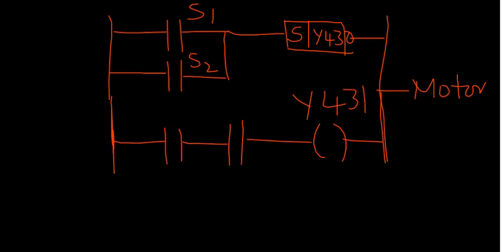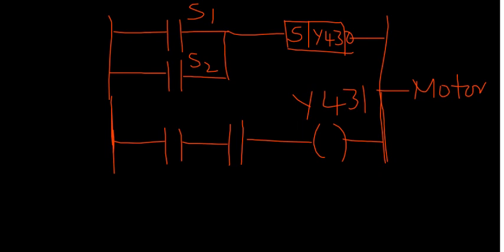That has to be properly designated here as, say, Y431, because Y430 I am using for the set coil there. So you can also write this as a barrier or something like that.